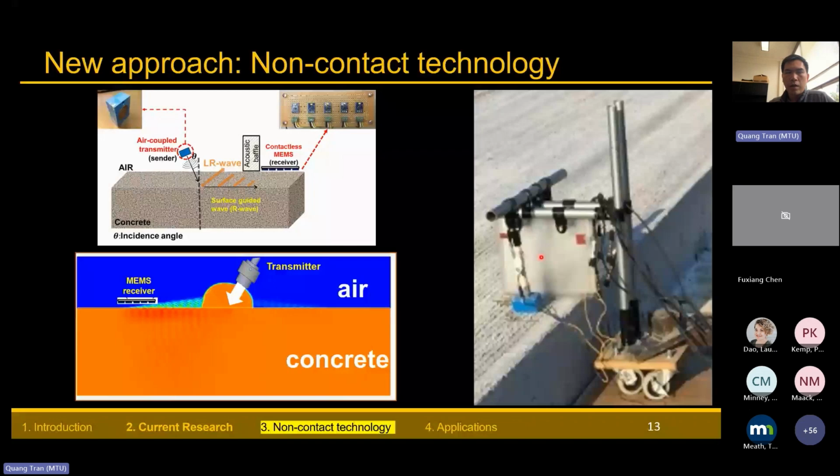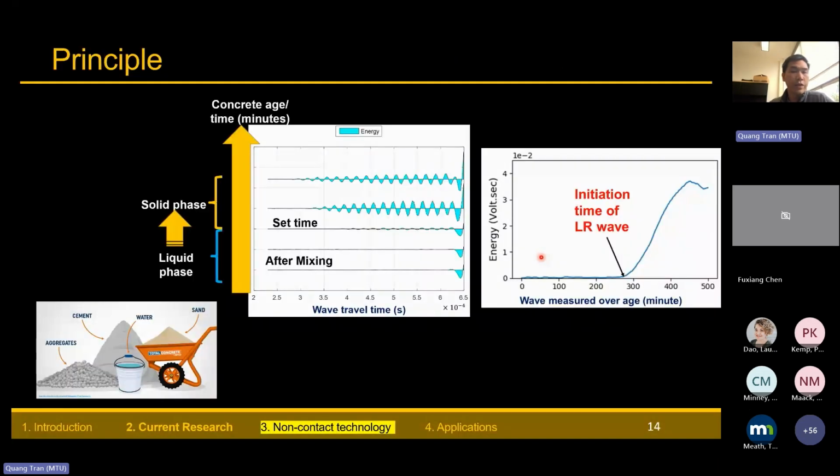So the principle of the method is based on the phase changing that I described earlier. Right after we mix the materials and make the concrete, the concrete material is still in the liquid phase, and it doesn't have enough strain or shear resistance in order to carry the wave.